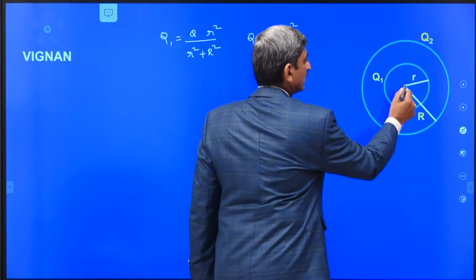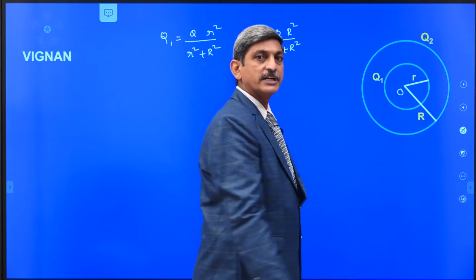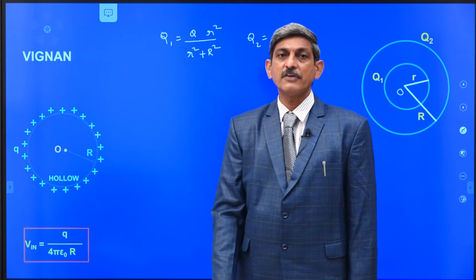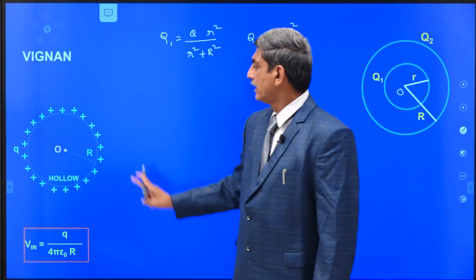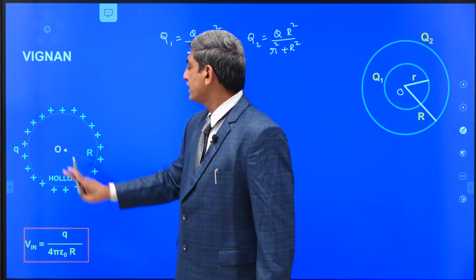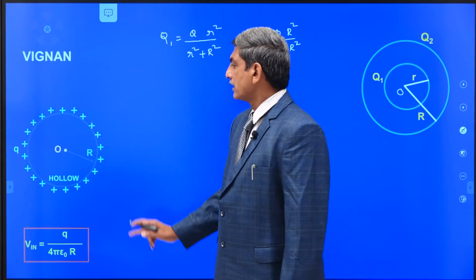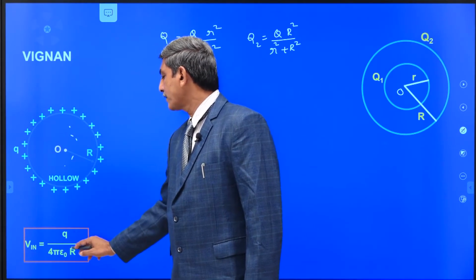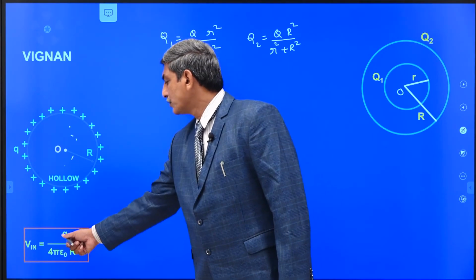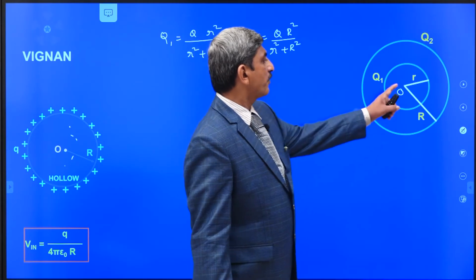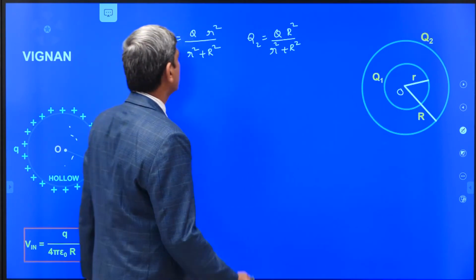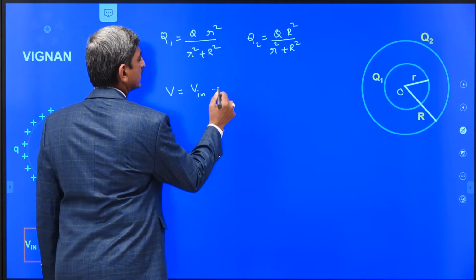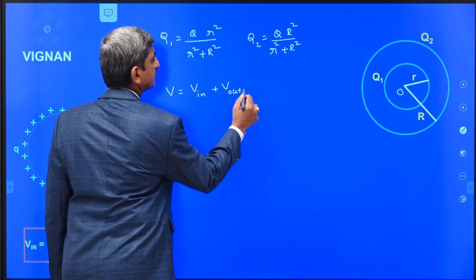We want to determine the potential at the common center of the two spherical shells. Already we know the concept for the potential inside a spherical shell. If Q is the charge present and R is the radius of the shell, the potential at any point inside the sphere is given by V in is equal to Q by 4 pi epsilon naught R. Now using this equation, we can determine the potential at point O due to the inner shell and also due to the outer shell, so that the total potential is the potential due to the inner shell plus the potential due to the outer shell.